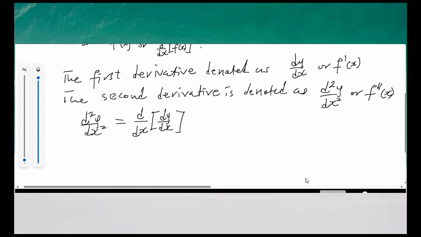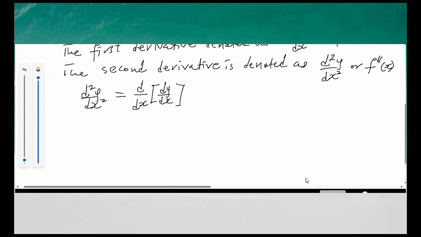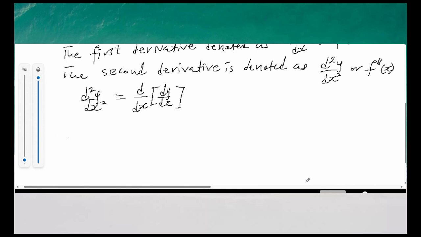So with this, then we can also talk of how the third derivative could be denoted.